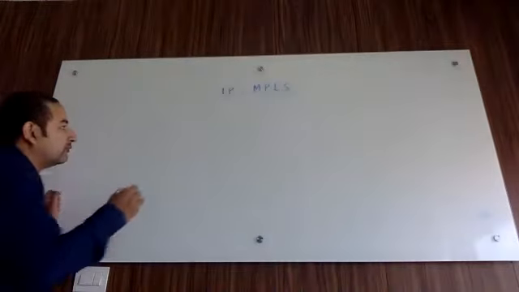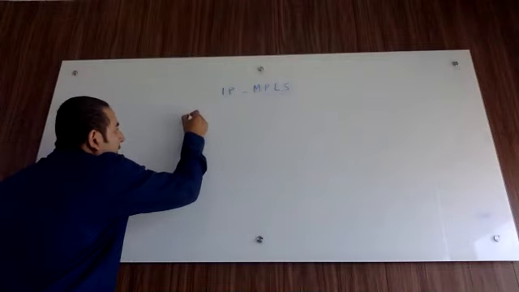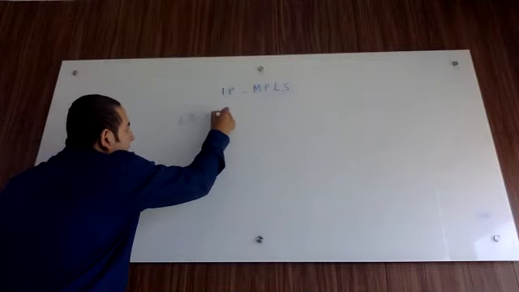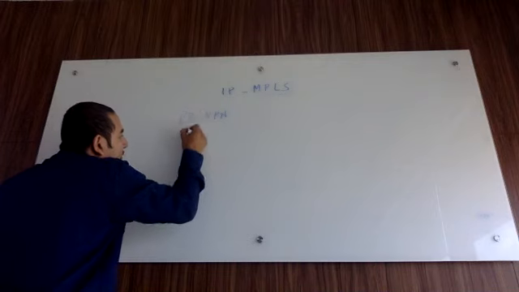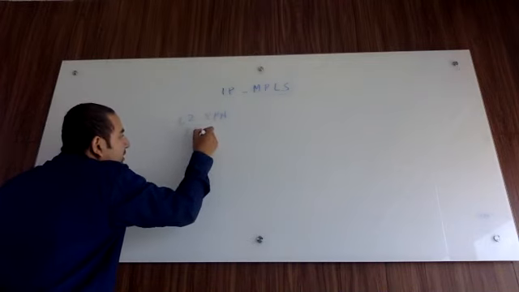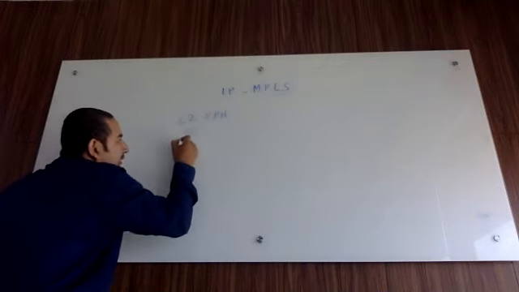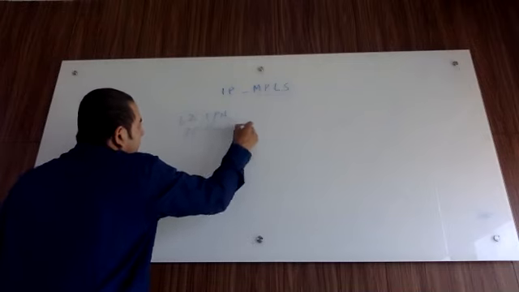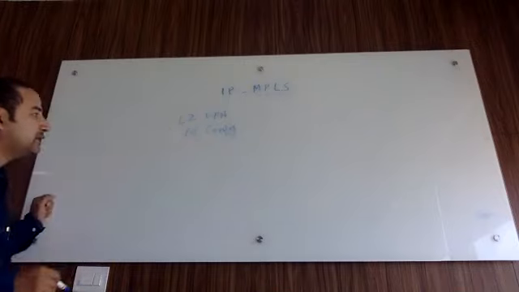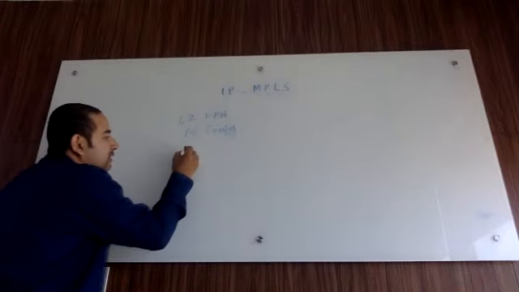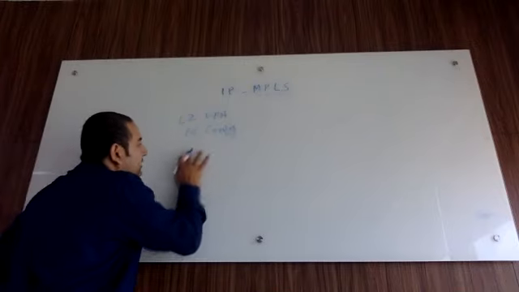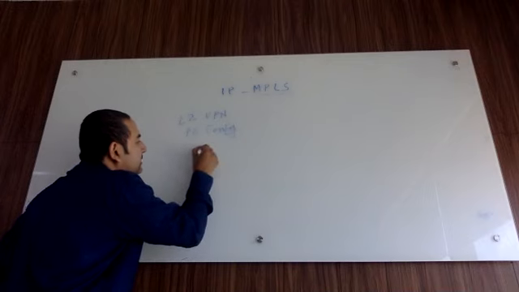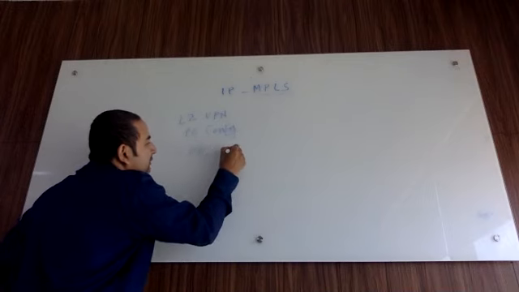So for L2 VPN, the configuration on PE, the PE configs. What all is required to configure an L2 VPN? One is your CE-PE interface, the PE interface where the CE is connecting.